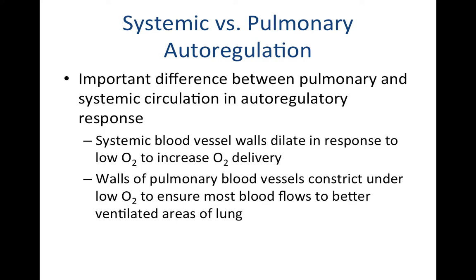Your cells are consuming a lot of oxygen. Your red blood cells don't need that oxygen. They generate their ATP through anaerobic respiration. You need to deliver more oxygen to those tissues that really need it. So you have dilation of those blood vessel walls to promote flow and increase how much oxygen you can deliver to those body cells.